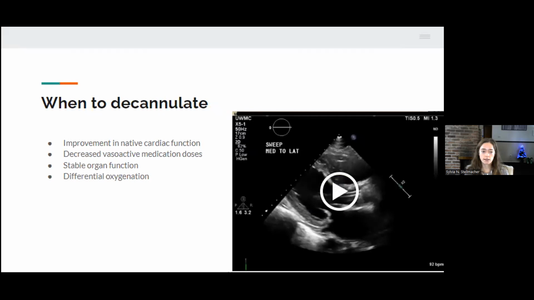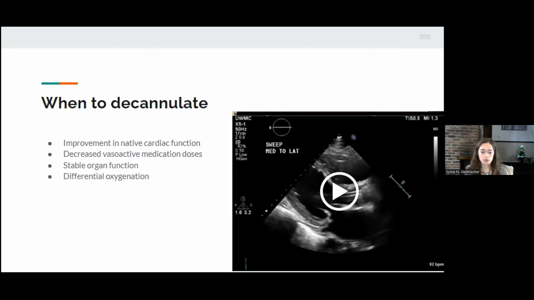You may also see that they have improving organ function overall, indicating that they are providing perfusing pressure to their organs. And you might even see differential oxygenation, meaning that the heart is competing more against the ECMO pump. And so this may happen with or without hypoxemia based on if the lungs are adequately providing oxygen to the left side of the heart.